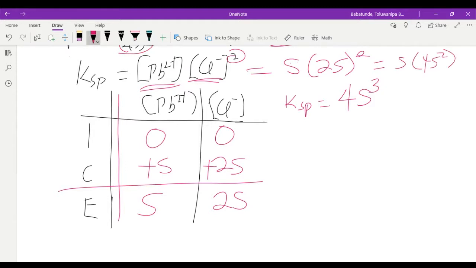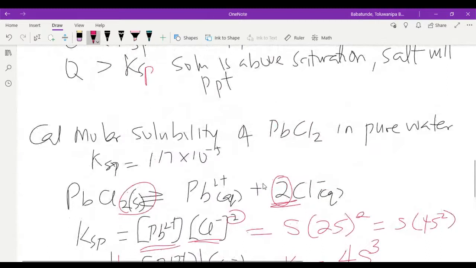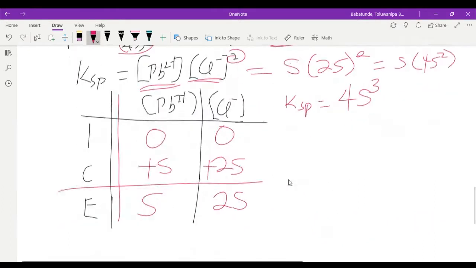When you expand this, our Ksp is going to be 4 times S raised to power 3. And remember, the question is asking us for the molar solubility of lead(II) chloride. Our molar solubility is our S, right?